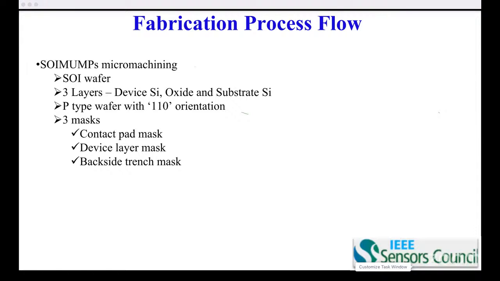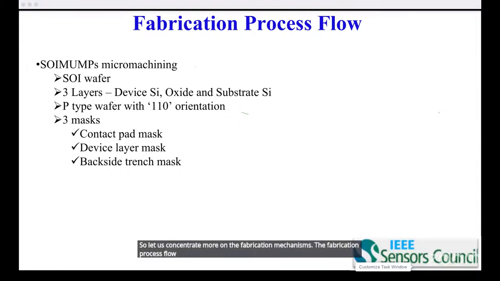The fabrication process flow, previously it was called the MUMPs process, but there is no more MUMPs now. It is the SOI process. So first the SOI wafer is taken. It is the device 110. The orientation of the wafer is a P-type wafer with 110.